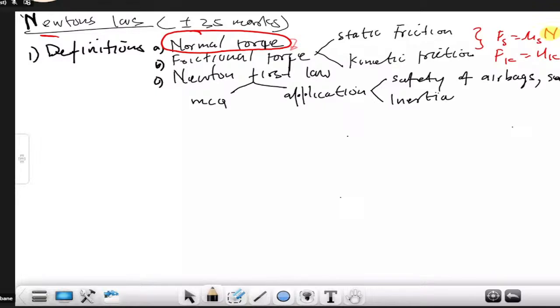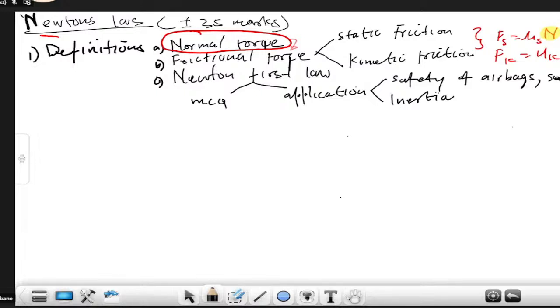That will become an easy way of 2 marks or 3 marks here and there, but we do not have to worry that much about Newton's first law, because what does it say? What does Newton's first law say? It says an object will remain at rest. So if it is at rest, Newton's second law will not be applicable. And Newton's second law is where a lot of marks are.